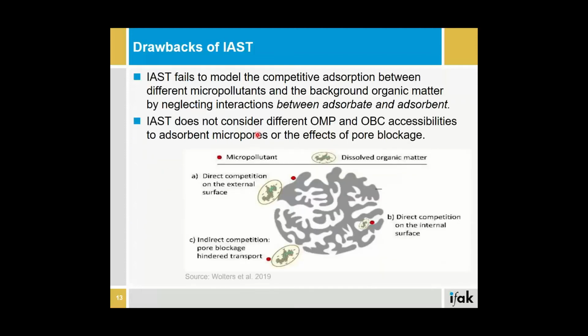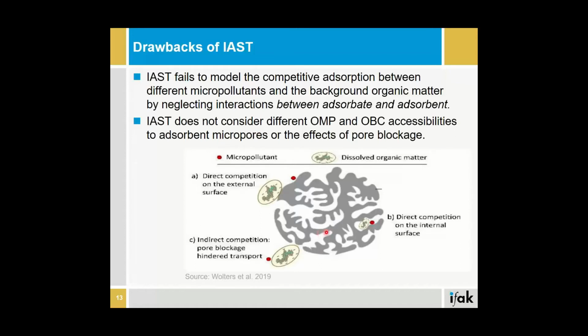Also, the IAST fails to model the competitive adsorption between different micropollutants and background organic matter because it neglects the interaction between adsorbate and adsorbent. And it does not consider the different accessibilities of organic matter and organic micropollutants to the adsorbent micropores.